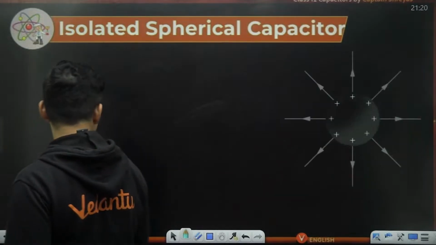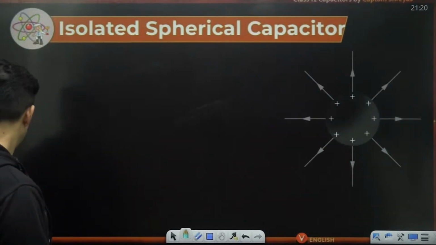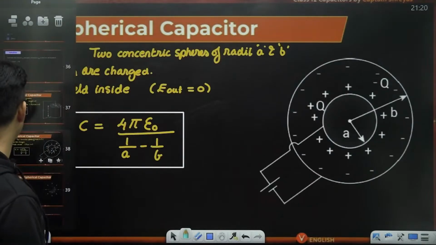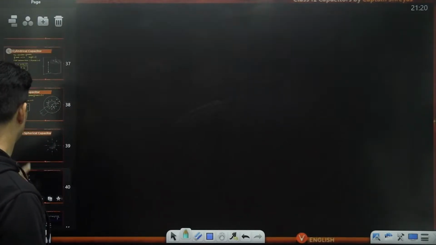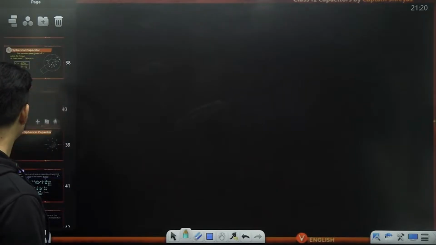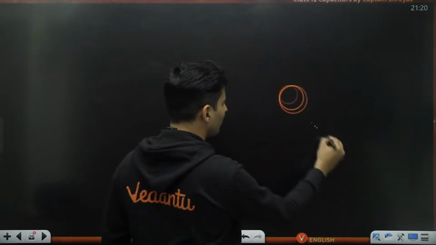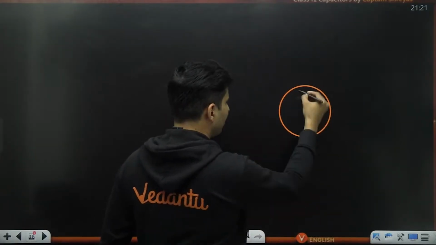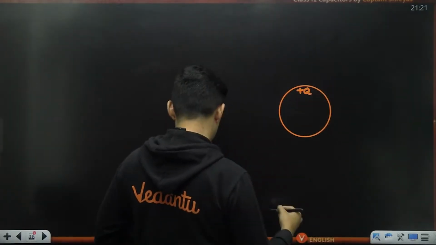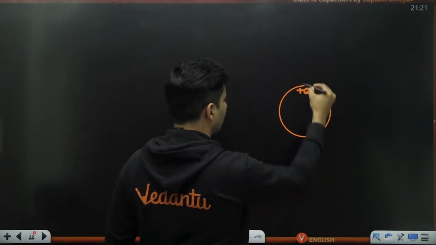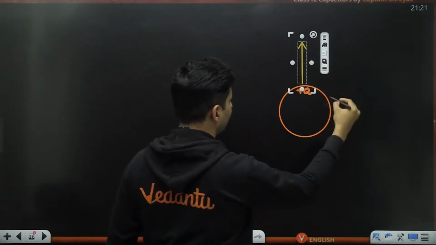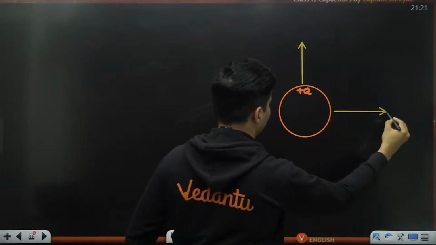How did 1 by A, 1 by B come? That comes because of integration and all of that. Basically, if you had to look into it, it comes like this. Say, for example, this is our positive charge and it is creating an electric field like this.